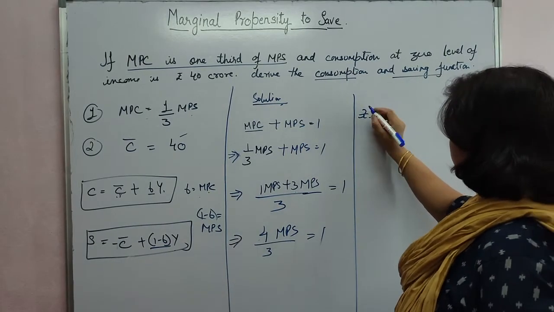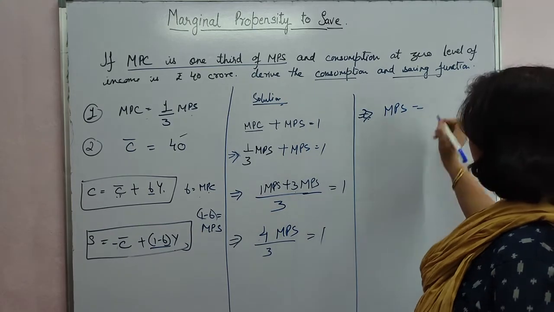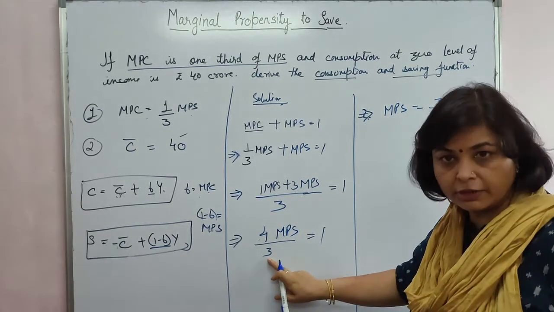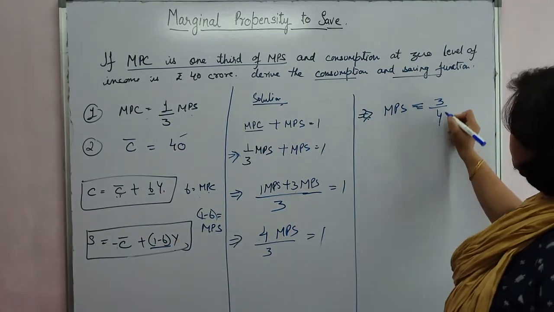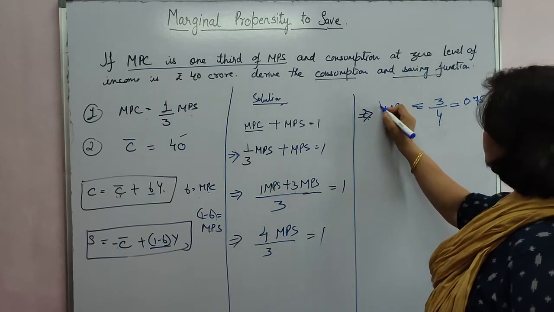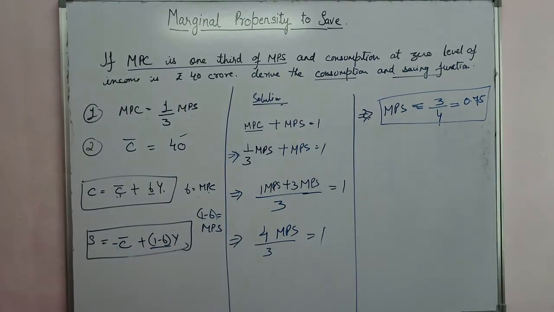Next step, MPS is equal to 3 upon 4. We take this value to the right hand side. It will be 3 upon 4 and the value will be 0.75. So the value of MPS is 0.75.